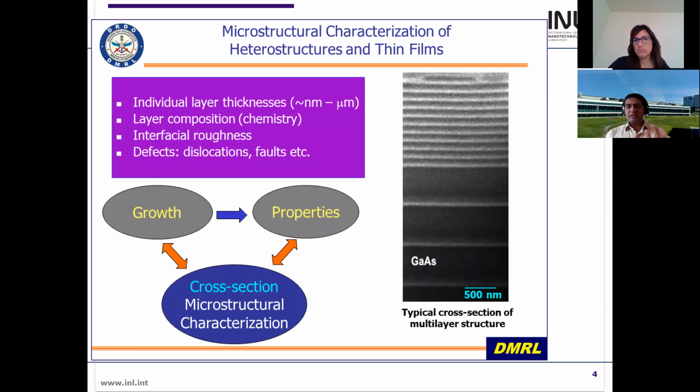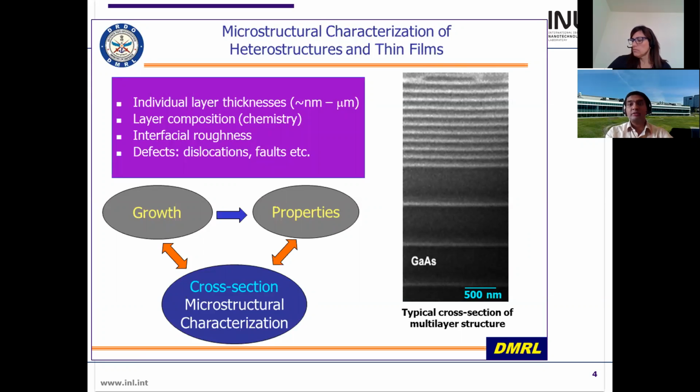In general, I'll start off with one simple example of a heterostructure material or a thin film. As we can see, all the functional devices or functional device structures are generally in the form of multi-layered films.